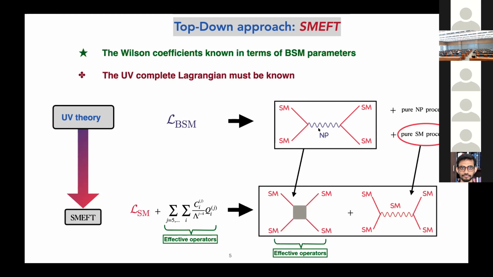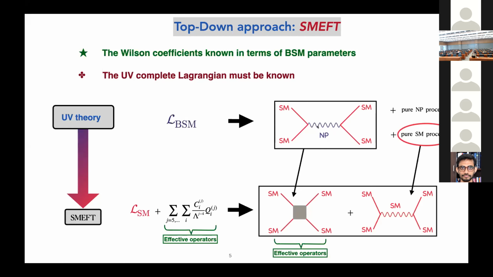So unlike the previous one, here these Wilson coefficients are actually functions of these heavy fields, their masses and their couplings. So now you can see the same new physics interactions can lead to different kinds of operators. But unlike the previous one, here the Wilson coefficients are functions of the similar kind of new physics interactions and the mass scale.